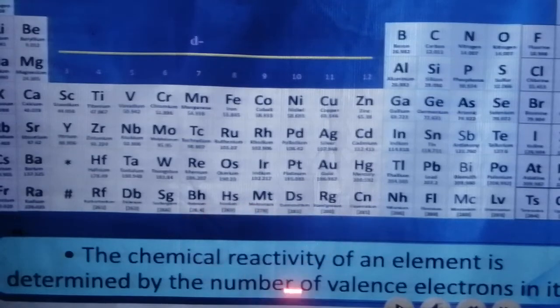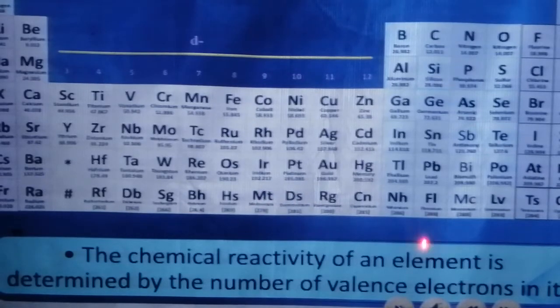If the outermost shell has 1, 2 or 3 electrons, then the elements are very active and are called metals, because they lose 1, 2, 3 electrons and make their octet. Elements with 5, 6, 7 electrons in the outermost shell are called non-metals, because their octet is not completed and they receive electrons from other elements and complete their octet.